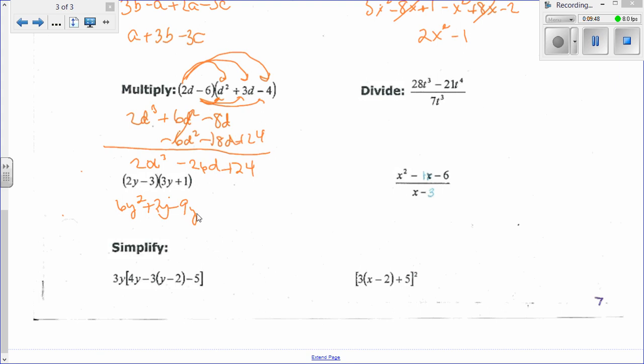And then negative 3 times 1 is negative 3. Just combine like terms, and you will get 6y squared minus 7y minus 3.